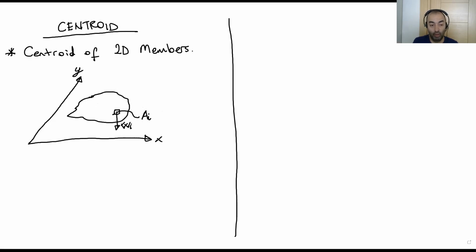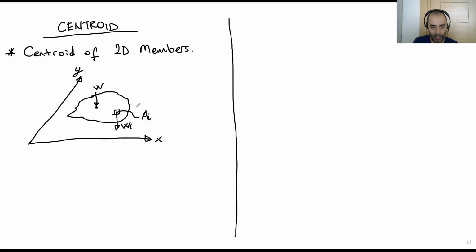So if I combine one by one all these weights, I'm gonna get the total weight of this member. So let's say the gravity point is this center of gravity point. So the total weight of the member acts on this point.